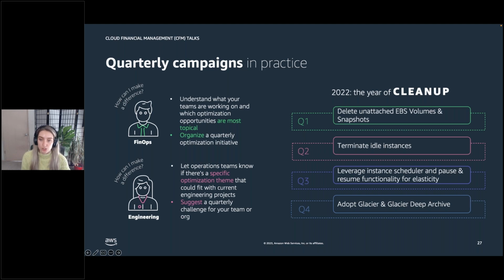Suggest a quarterly challenge, suggest a theme even, or prompt the folks who are in governance to chunk things up into more manageable pieces in a similar mechanism, and provide any documentation or education that's going to help you get started.